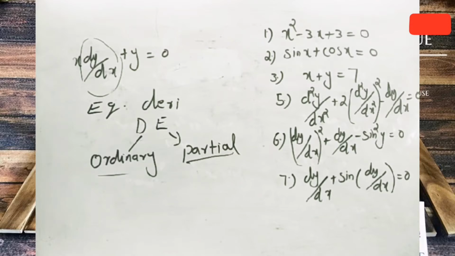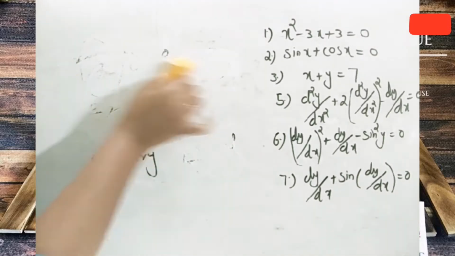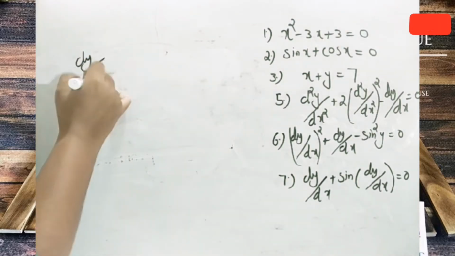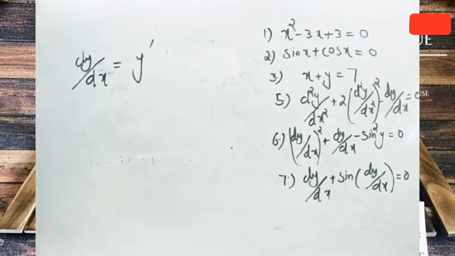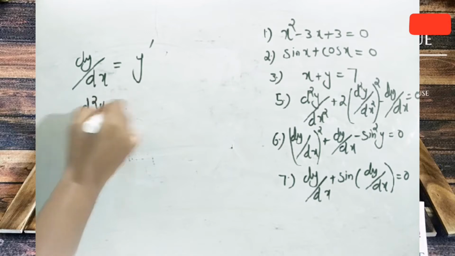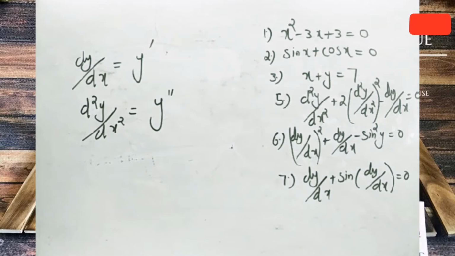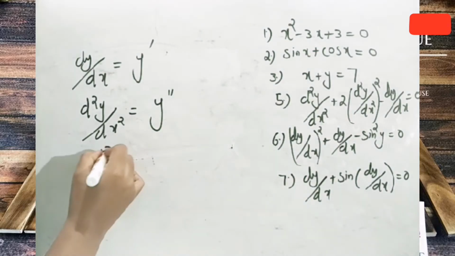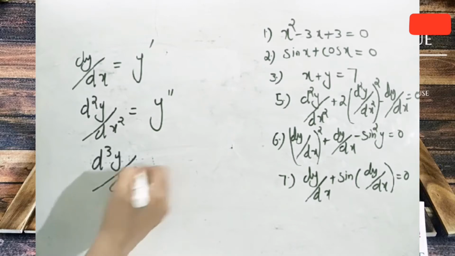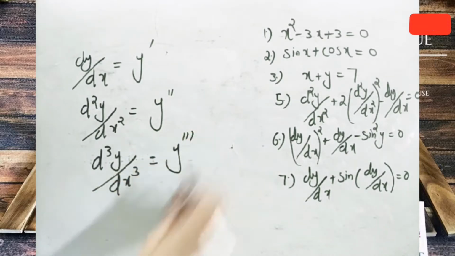And in this chapter we are going to discuss ordinary differential equation, and we will use some notations. This dy by dx we can write as y dash, the first derivative. Then d square y by dx square we can write as y double dash, the second derivative, and d cube y by dx cube as y triple dash, the third derivative.